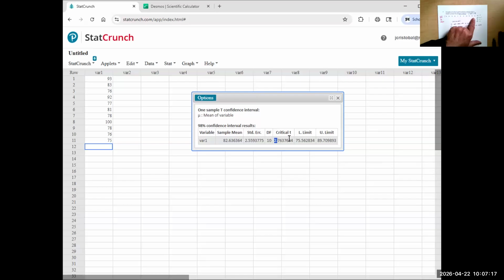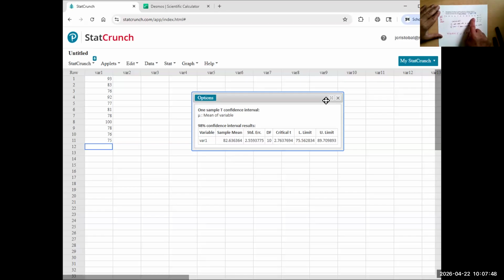It's giving you that critical value. But now we're jumping straight into it for that mean, that average length of these films from StatCrunch, the lower limit, 75.562834. Upper bound, upper limit, 89.709893.